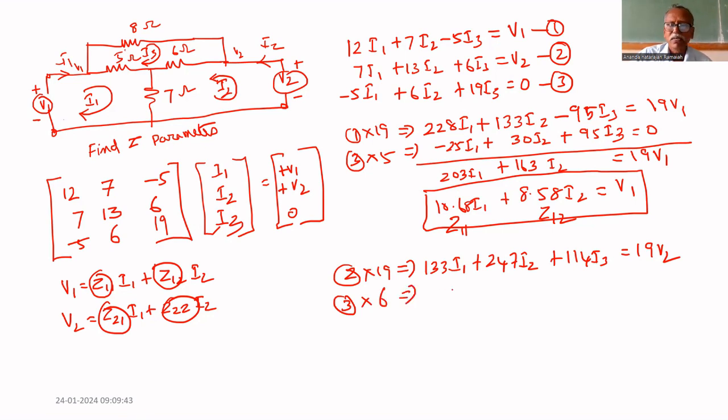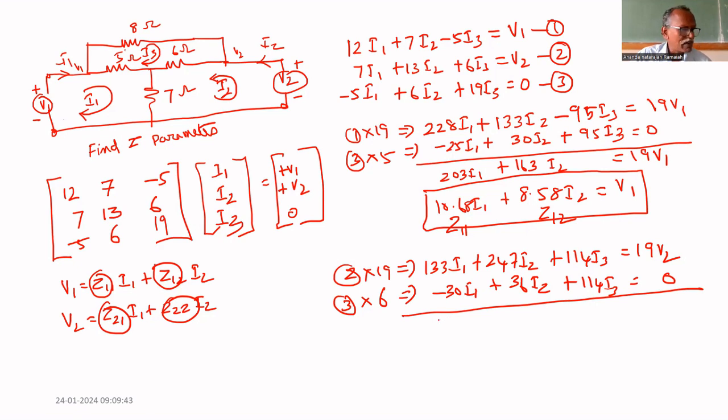That implies minus 30 I1 plus 36 I2 plus 114 I3 equal to 0. If you subtract, I3 gets cancelled, and you will get 163 I1 plus 211 I2 equal to 19 V2. Divide the entire equation by 19, you will get 8.59 I1 plus 11.1 I2 equal to V2.